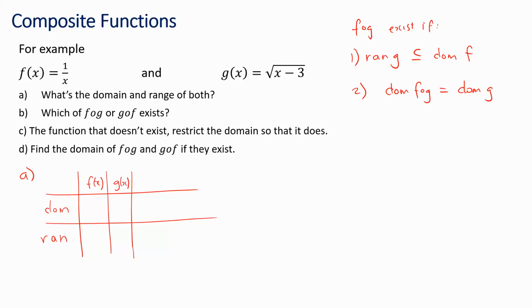Wait, they both don't exist. Right. Yeah.